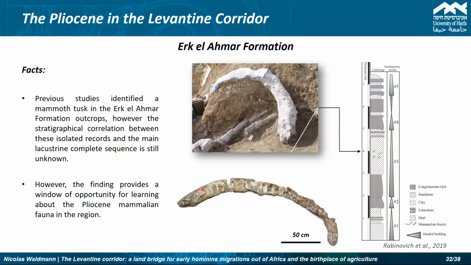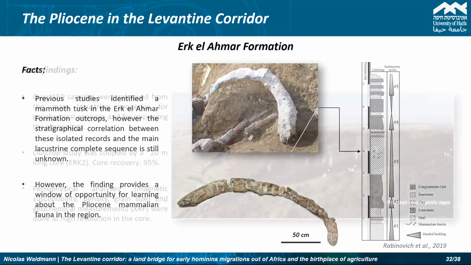While the finding provides a window of opportunity to learn about the Pliocene mammalia in the area, we still don't have a clue what the relation is between this outcrop and the main one I showed you before. We have very good information here, but we don't know how to correlate this outcrop with the other one. It's only 7 meters, by the way.